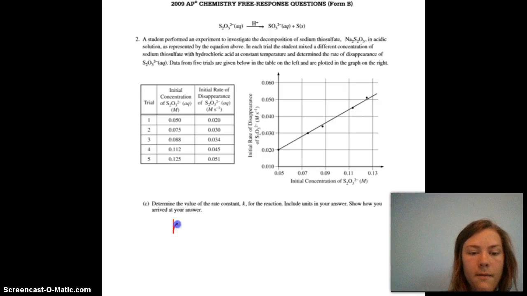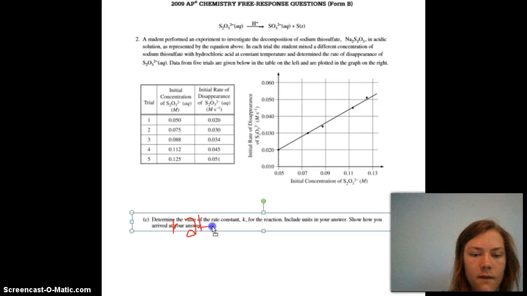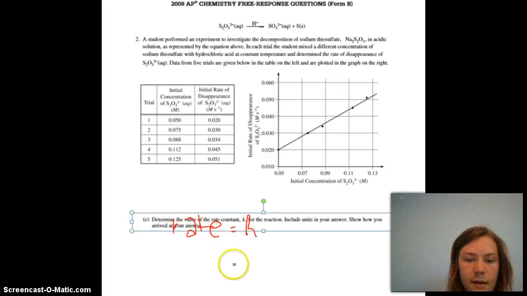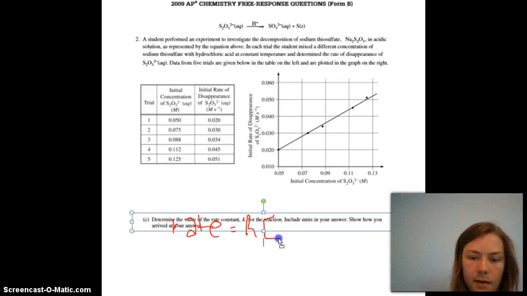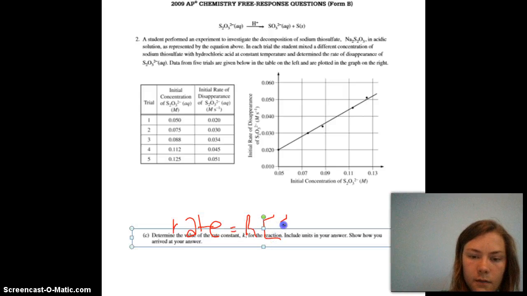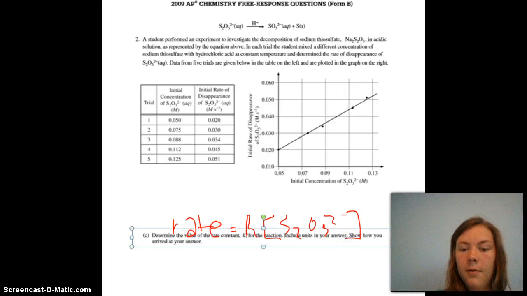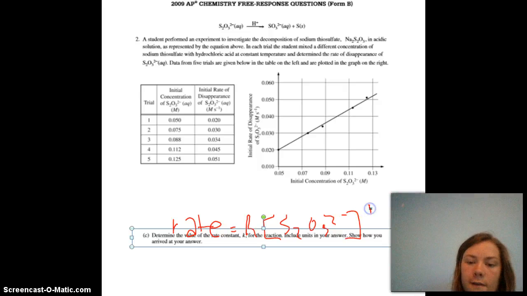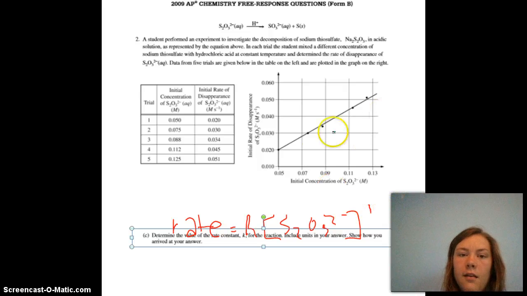So rate equals K times the concentration of the thiosulfate. And in the previous part, we just figured out that it's a first order reaction. So we just have the 1 out front.